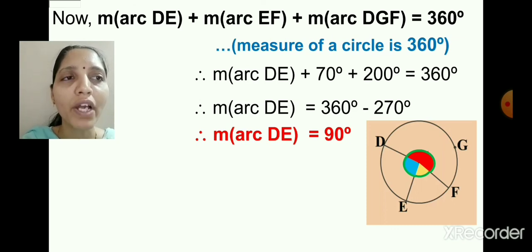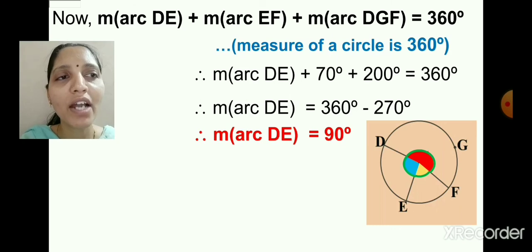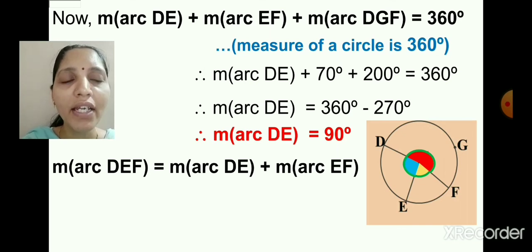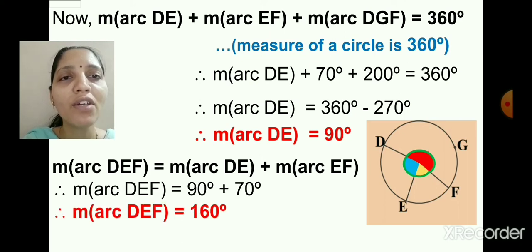Now we have to find major arc DEF. We know that for major arc DEF, we can add major arc DE and major arc EF. Both have only one common point, point E. So let's write down: major arc DEF is equal to major arc DE plus major arc EF. Now let's substitute the values.